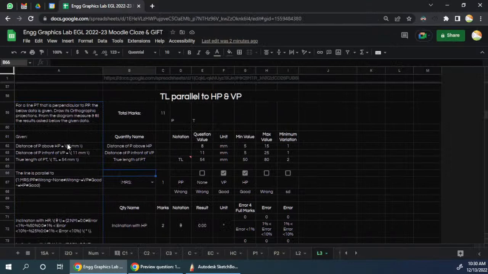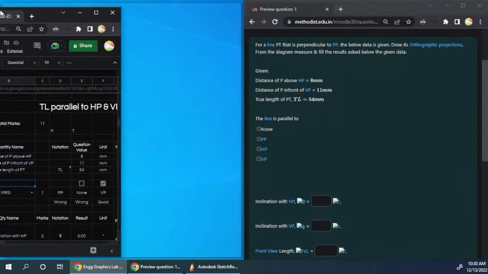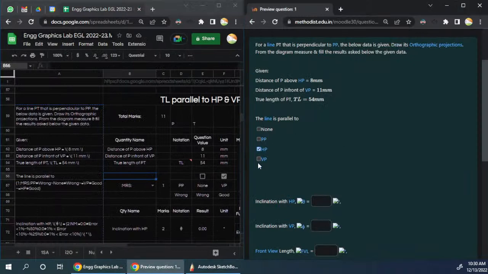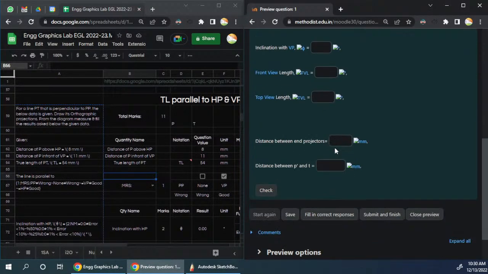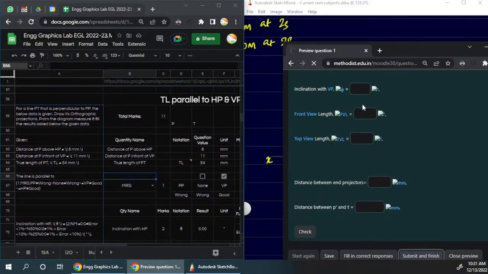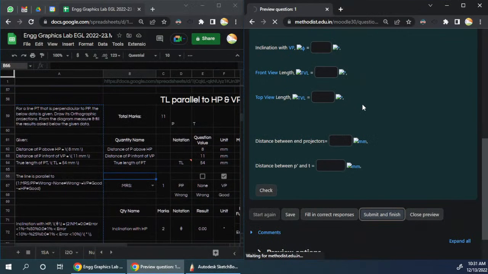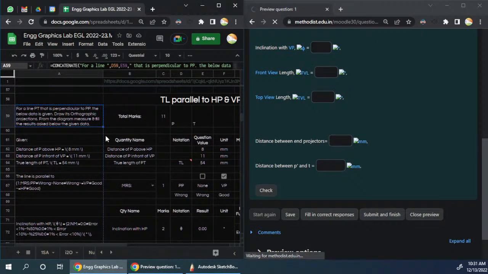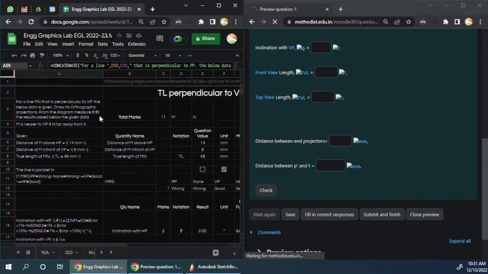The question is, line is parallel to VP and HP both. HP and VP. Let's not take time. Meanwhile, let's go ahead and do incline to a single plane.